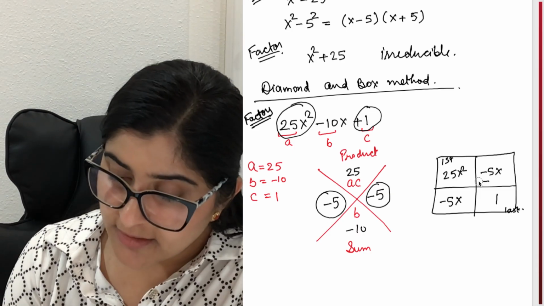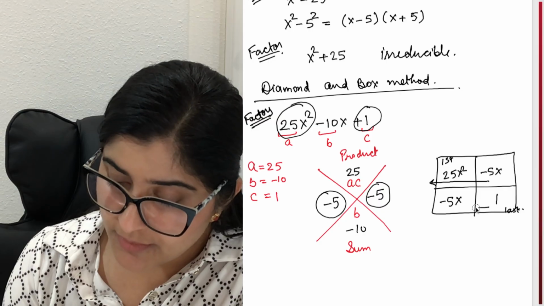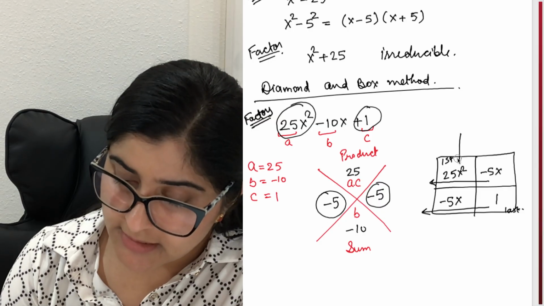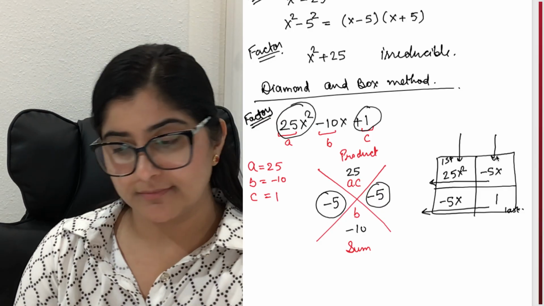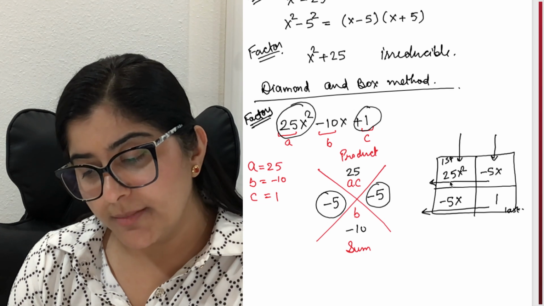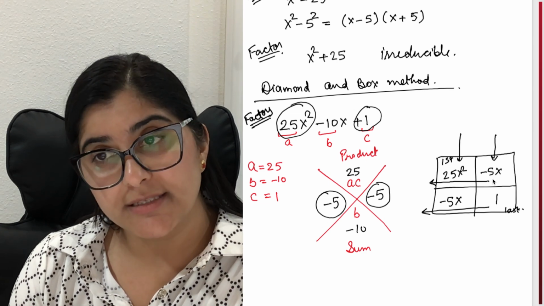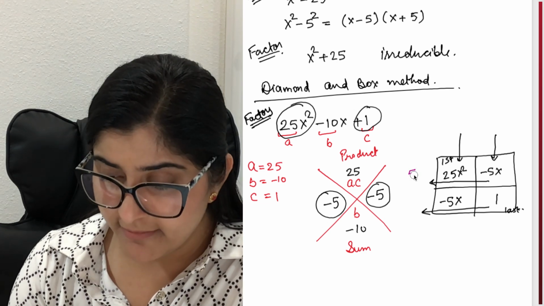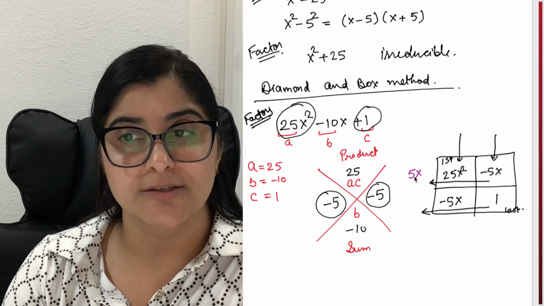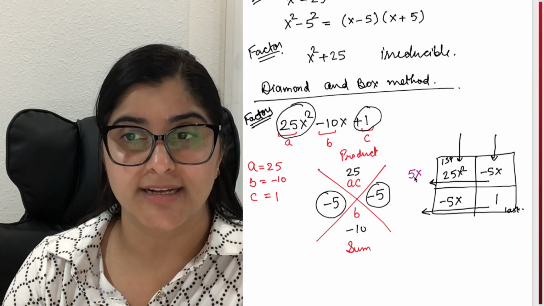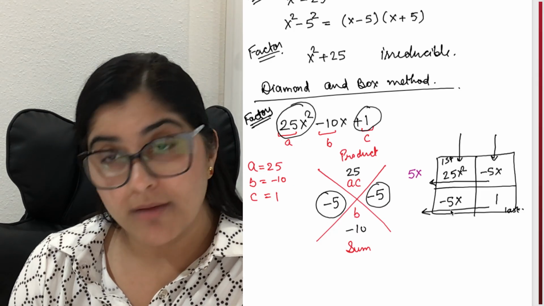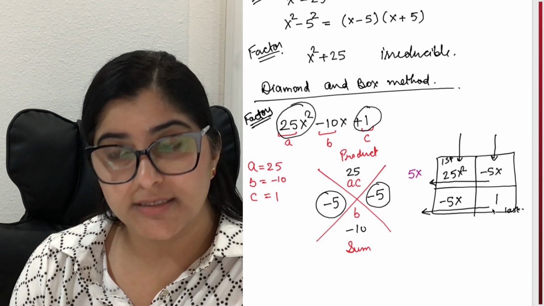We have to find the common factor of this row, this row, this column, and this column. Is there anything common between 25x squared and -5x? Yes, 5 and one copy of x is common, the greatest common factor. Is there anything common between -5x and +1?